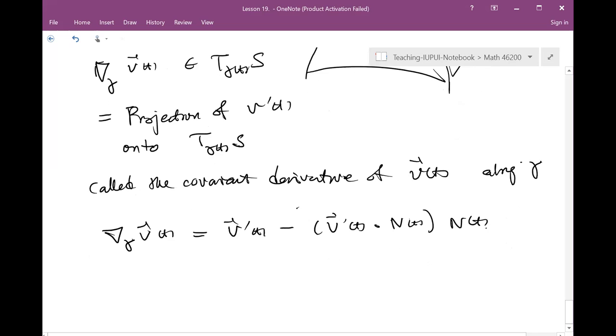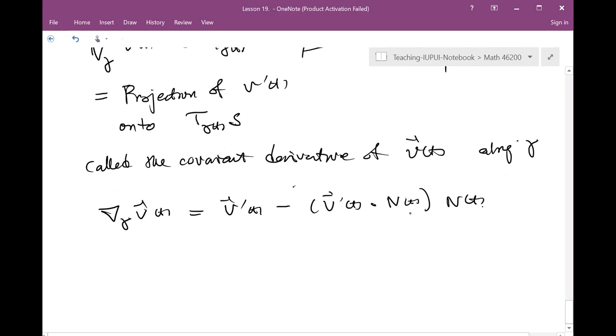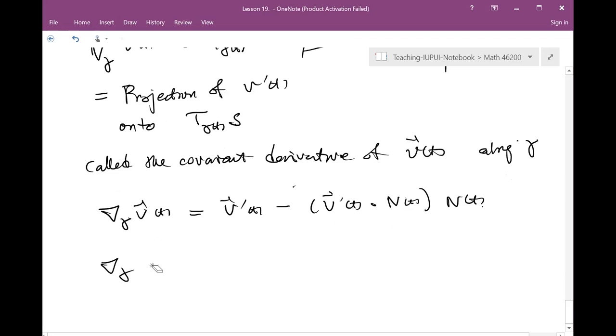This is always perpendicular to the vector, no, I don't have a derivative here, just gamma. It's a notation.